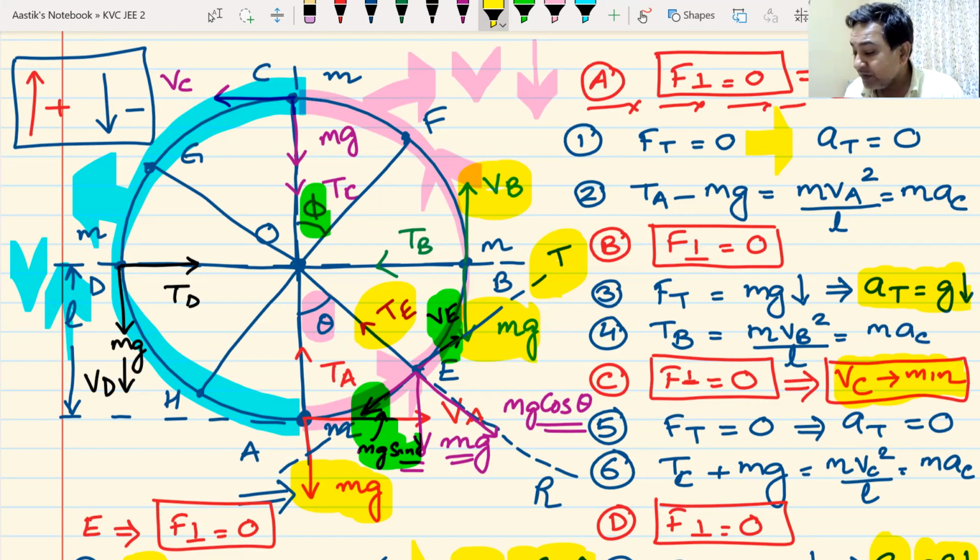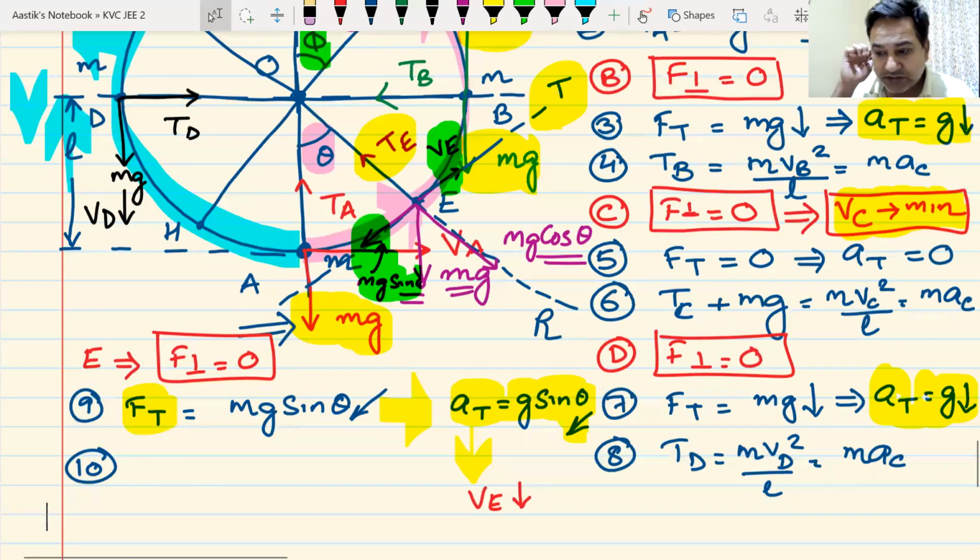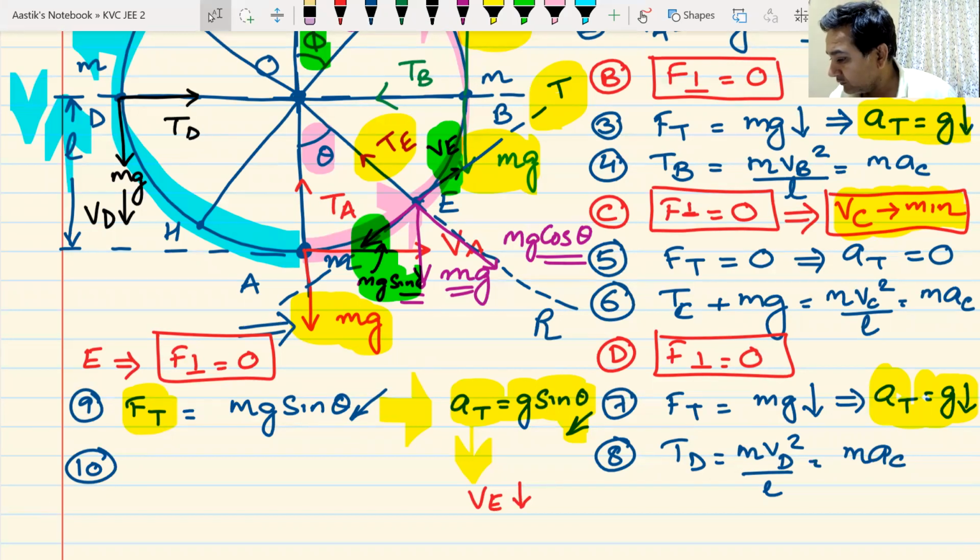Let us move our attention to point E, which was the point of concern. We have written the first equation in the tangential direction. Can you now tell me the equation in the radial direction? And we are back with our equations. Equation number 10: TE minus mg cos theta is equal to m VE squared by L. Yes, that is absolutely correct.